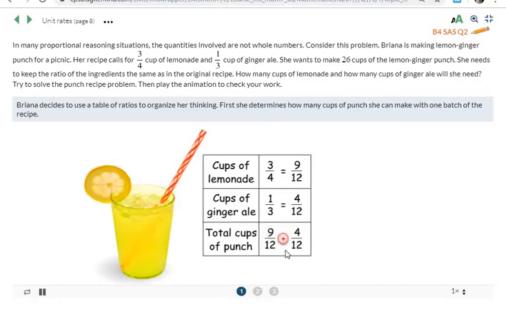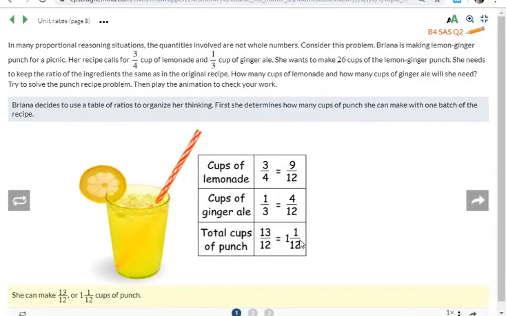She adds these together to see how much total she has. She has 13/12, which can simplify to 1 1/12. Alright, so you're filling this in the first part of your chart. You might need to pause the video or rewatch the explanation.